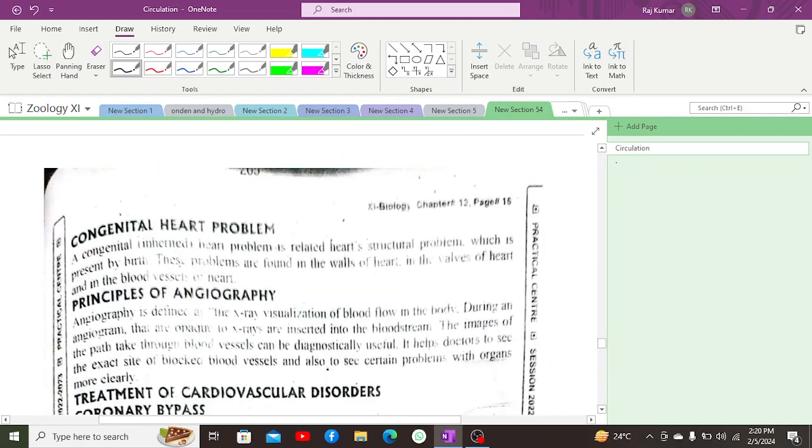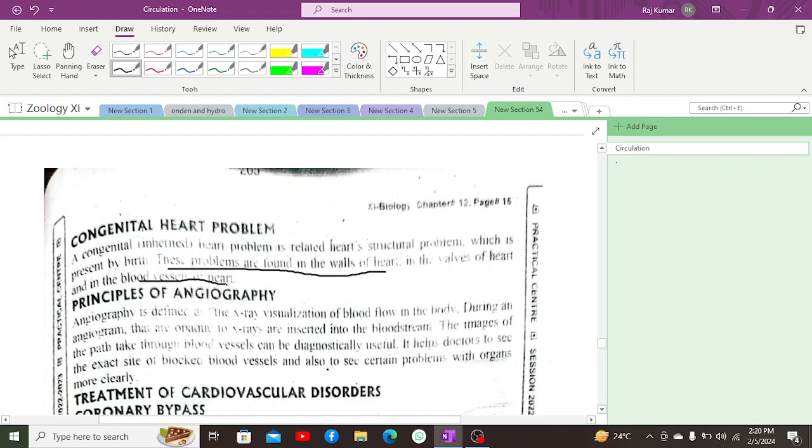Congenital heart problem. A congenital, inherited heart problem is a heart structural problem which is present at birth. These problems are found in the walls of the heart and in the blood vessels of the heart. An example of this can be cyanosis. Cyanosis can lead to conditions such as patent foramen ovale and patent ductus arteriosus.